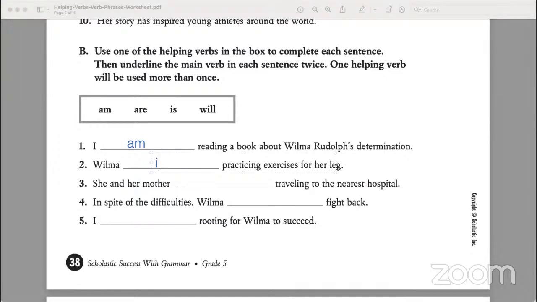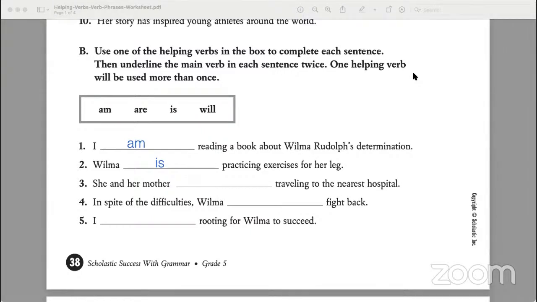Wilma is practicing. If you can, guys, when you share your answer, read out the full sentence as well so that I can hear you reading at the same time. So when sharing your answer, please read the full sentence with the word that you have identified.